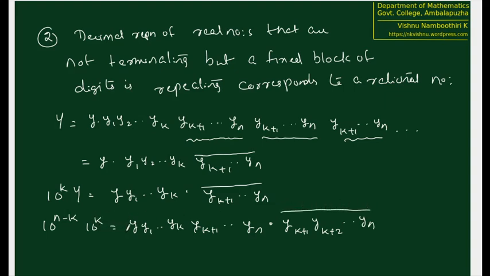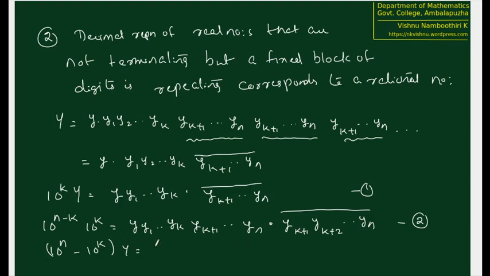Now if we subtract the first expression from the second one, we get 10 to the power n minus 10 to the power k times Y. The digits after the decimal point are the same in both expressions, therefore those will get completely removed.